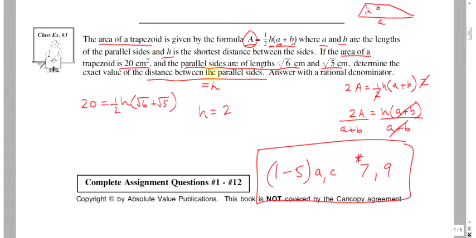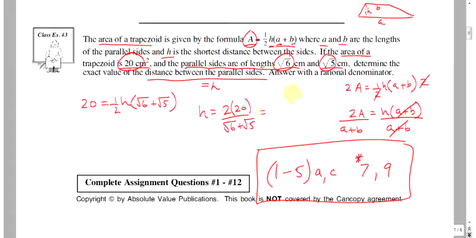Do I know what A is? Yes, it's 20. Do I know what a plus b is? Yes, root 6 plus root 5. Okay? That's what the height is. That's what h is. They don't even call it height. They say the shortest distance between the parallel sides. That's the height.